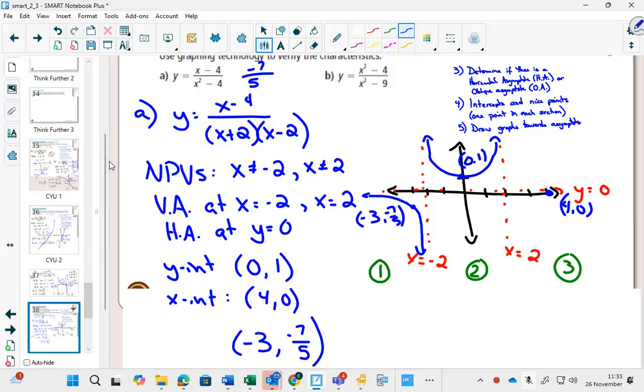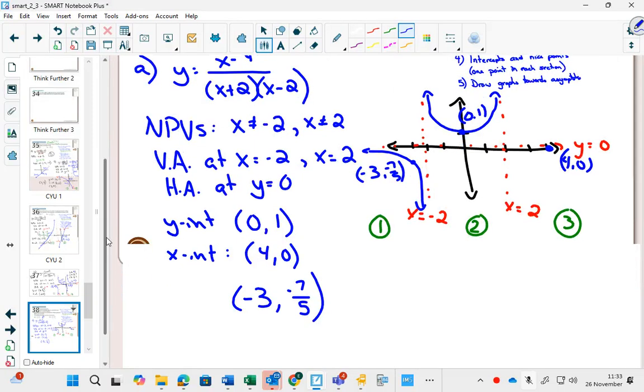In section 3, I want to find out, does it go up towards the asymptote or down towards the asymptote? Do you see that plugging in positive 3 would help me decide that?